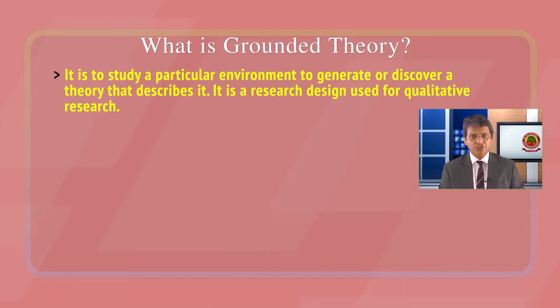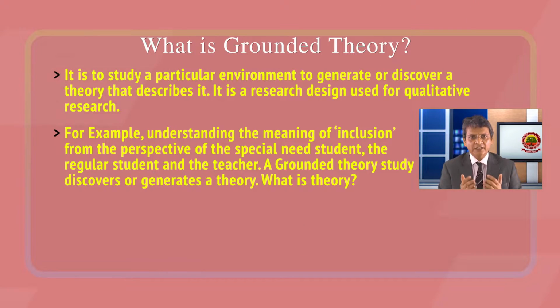It is a research design used for qualitative research. For example, understanding the meaning of inclusion from the perspective of the special needs student, the regular student, and the teacher. A grounded theory study discovers or generates a theory.